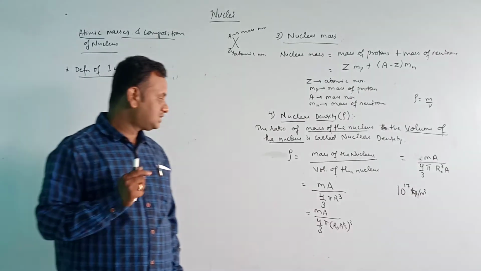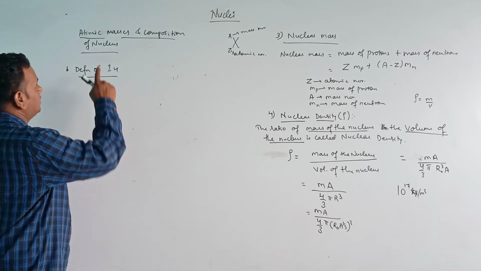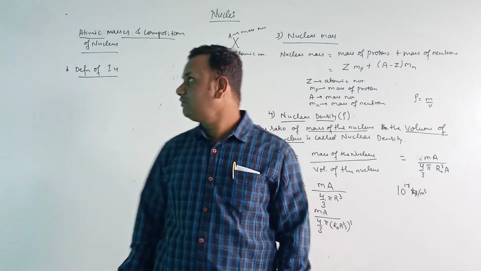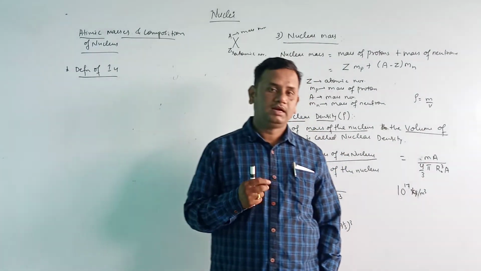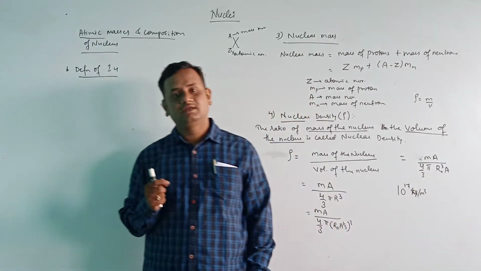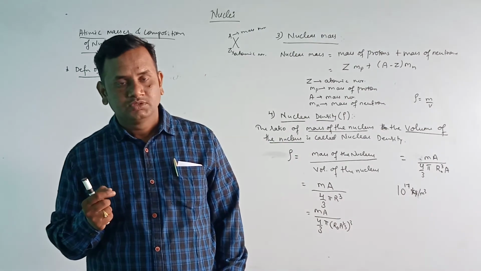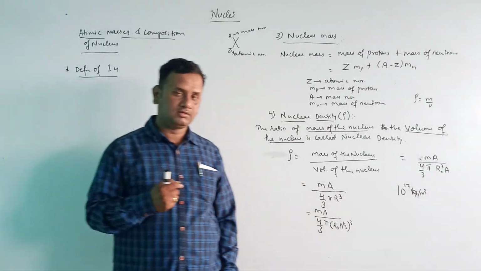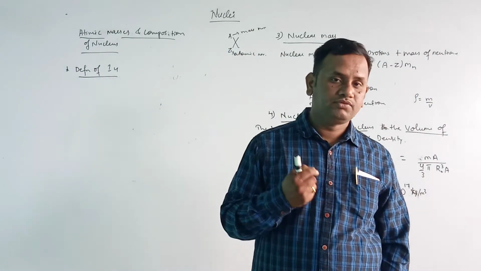Next we are going to move to the next topic, that is atomic masses and composition of nucleus. As an atom is very small in size, it is not easy to measure the mass of the atom in terms of kg.